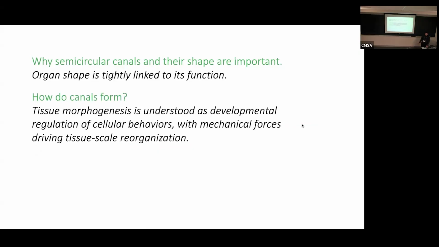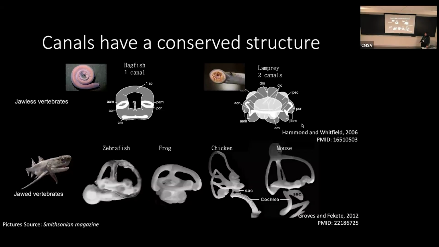So how do these structures form? So this is the Devo part. And this is my one slide for the evolution. So jawless vertebrates, lamprey, hagfish. So structures without jaws look scary. They do have canals. They have 1 or 2 semicircular canals.